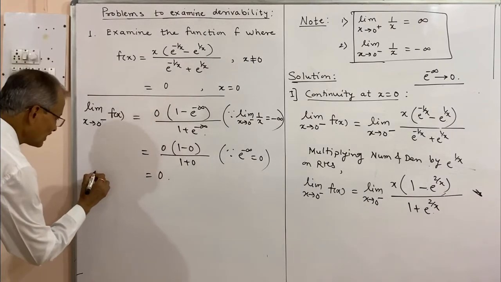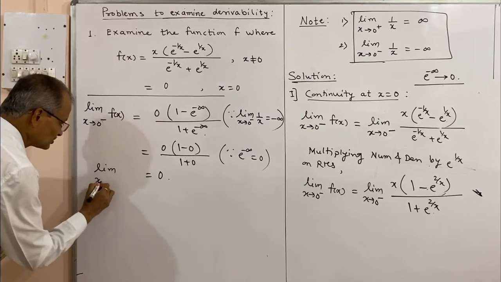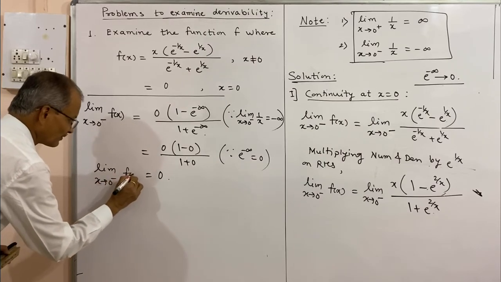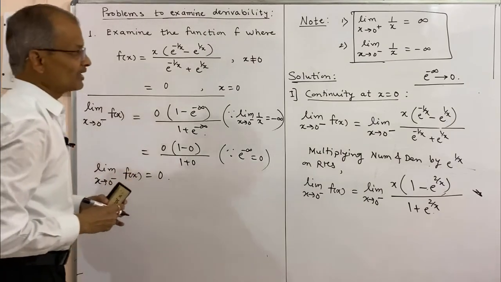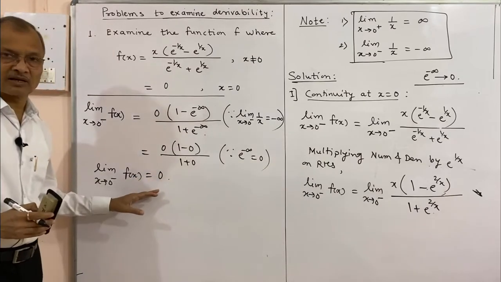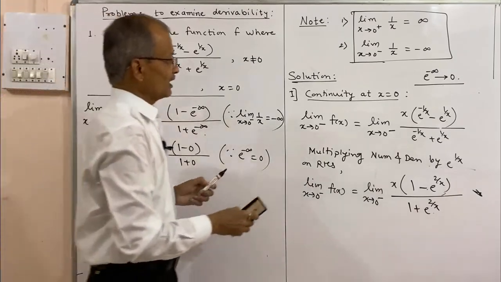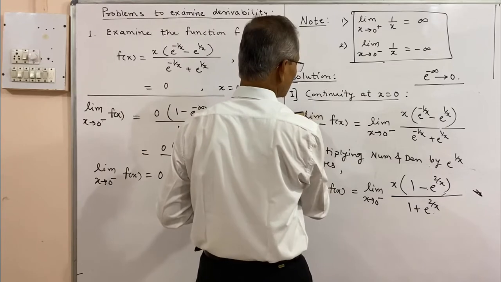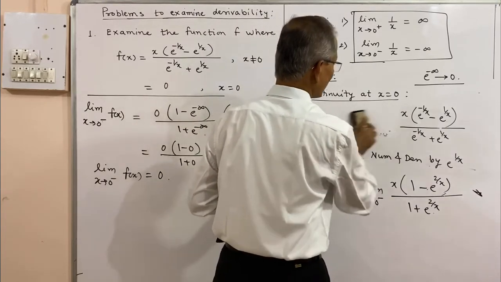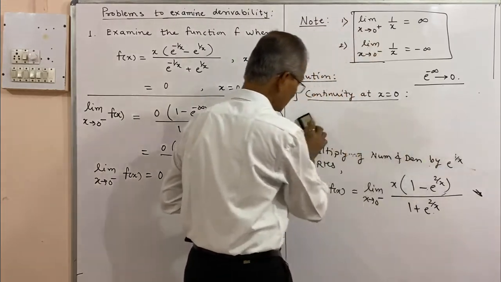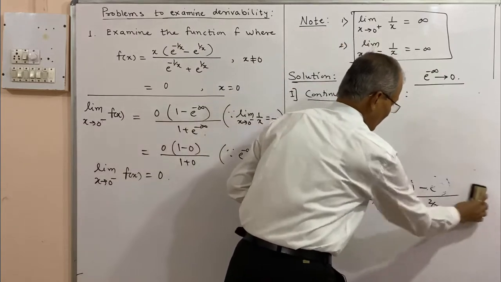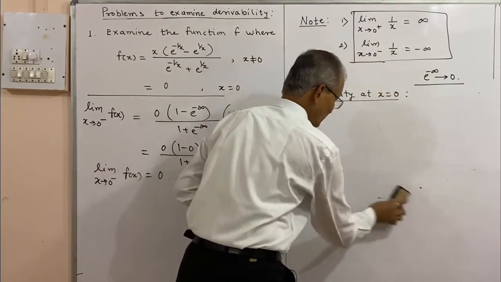And this is limit x tends to 0 from left of fx is equal to 0, and we have both the limits equal to 0, and further we want the value of f of 0. For continuity all the three must be the same. Now what is f of 0? It is given.